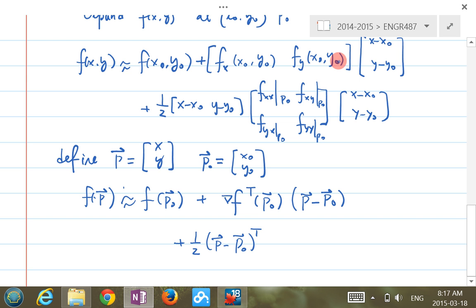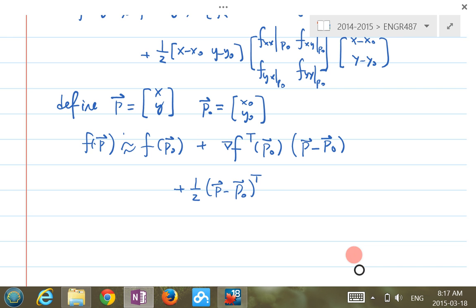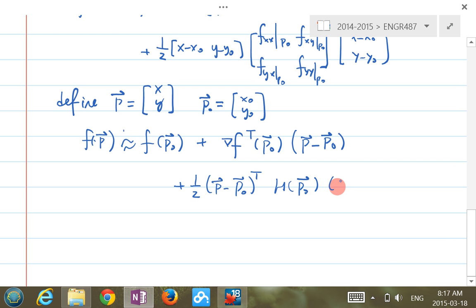Let's call it H, so H at p naught, and then p minus p naught. So the Taylor series expansion of a multivariable function can be simplified into writing like this.